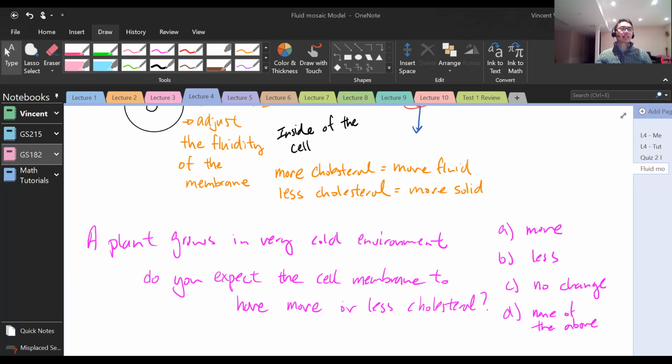Anybody want to explain to the class why they chose what they chose? You can either explain it by unmuting, or you can type it in the chat if you want. Anybody want to explain why? I just want to know the logic, right?